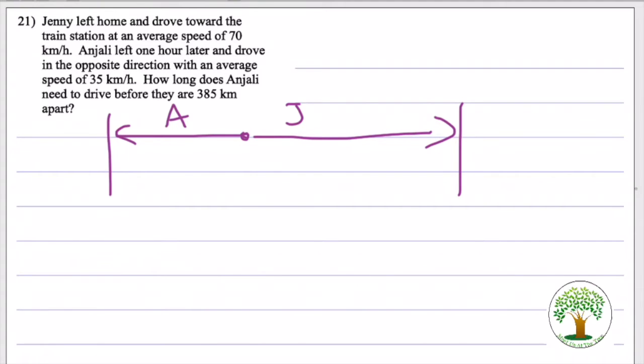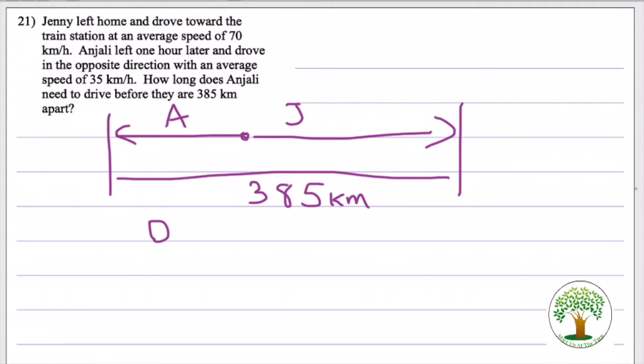I draw little lines here, and I want the total distance to be 385 kilometers. Are you with me so far? That means that the distance of Anali plus the distance of Jenny is going to be 385 kilometers, period.